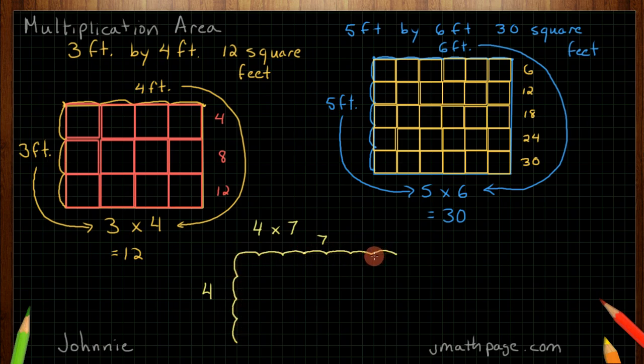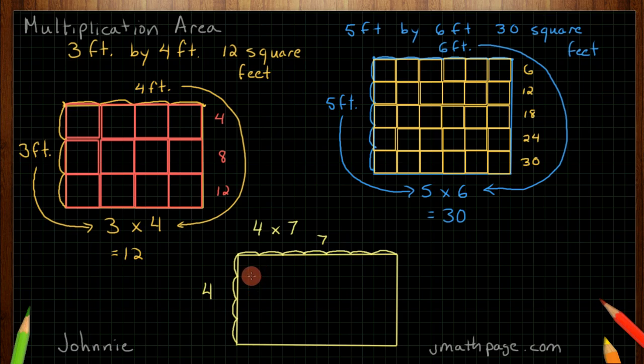Let's go ahead and build our rectangle. That's helped us before. So on this side, we'll have a measure of 4. This side, a measure of 7. This side, a measure of 4. And on the last side, also a measure of 7. Okay, so it's 4 by 7. Now we need to have our squares again, don't we?